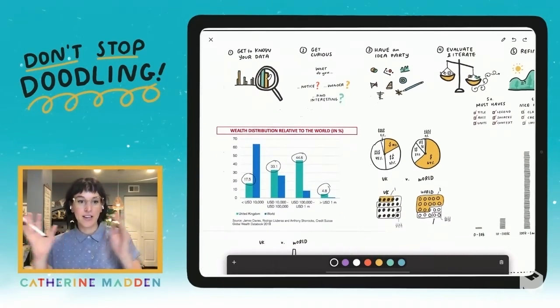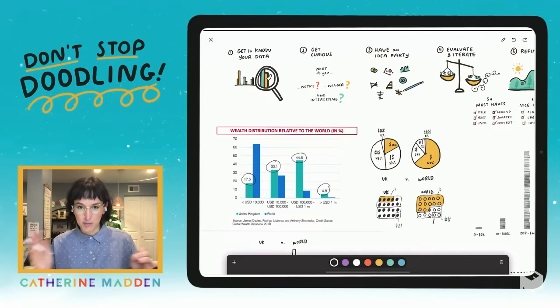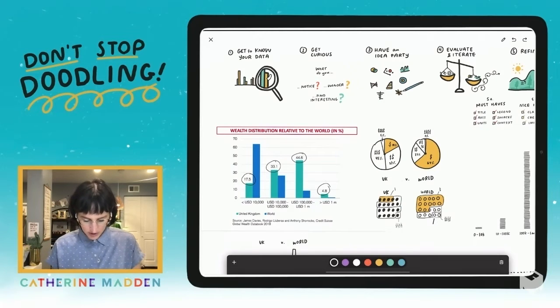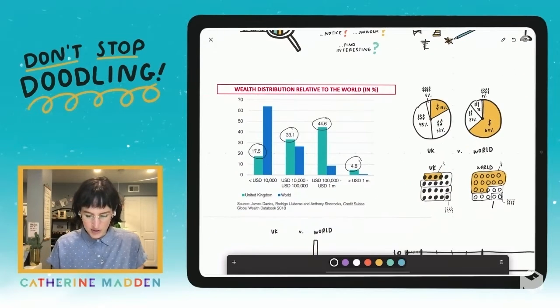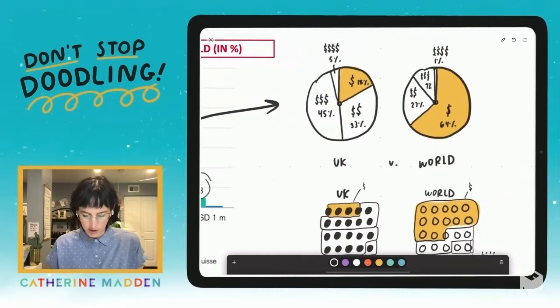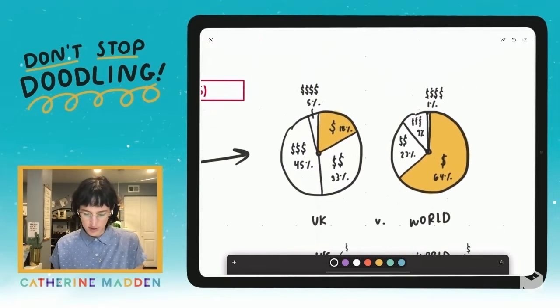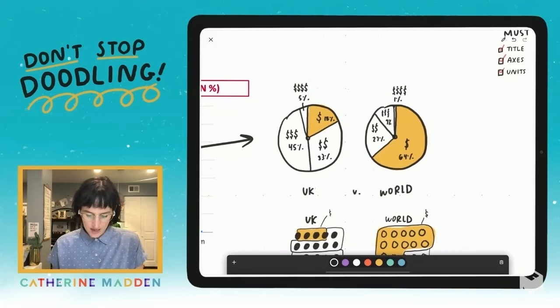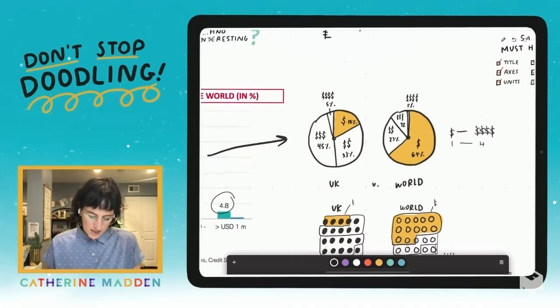But before I got into that distribution and the buckets or the sizes of each category and what that means in actual wealth, I really just looked at a more traditional way to show parts of a whole. So I started with a pie chart. And I labeled these from 1 dollar sign to 4 dollar signs, meaning bucket number 1 and bucket number 4 and the 2 in between.